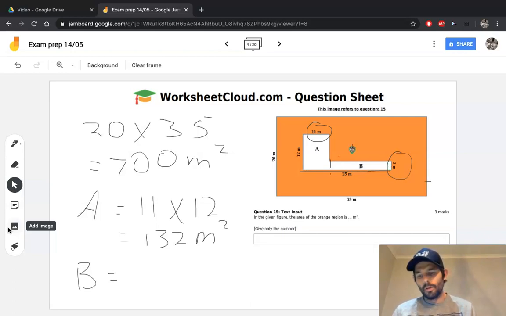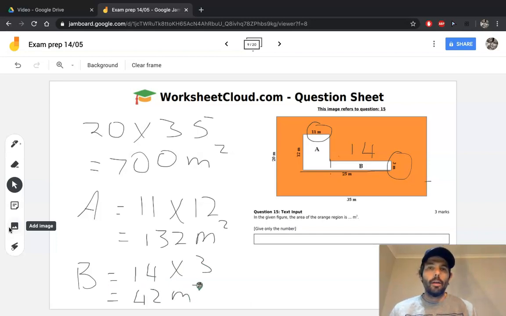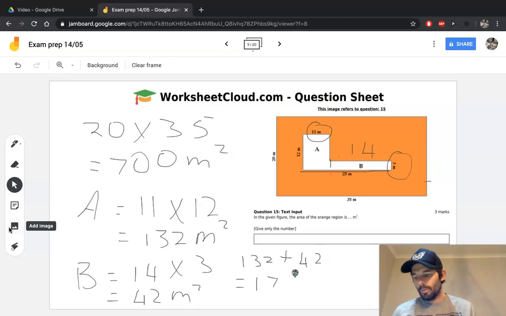So B is going to be 14 meters. So now my area of B is going to be length 14 times breadth 3, and that equals 42 meters squared. Okay, so now the area of the entire white shape is going to be 132 plus 42, and that equals 174 meters squared.